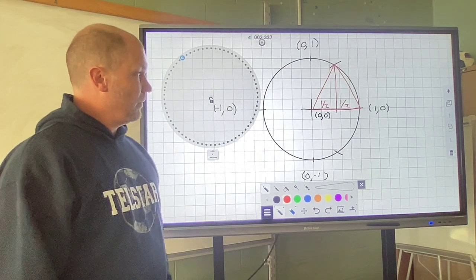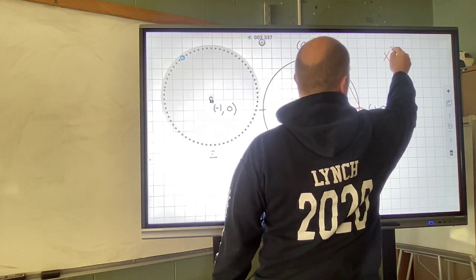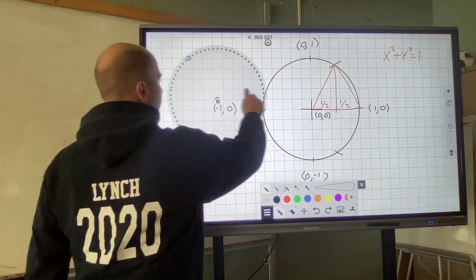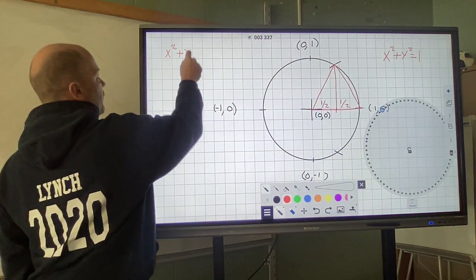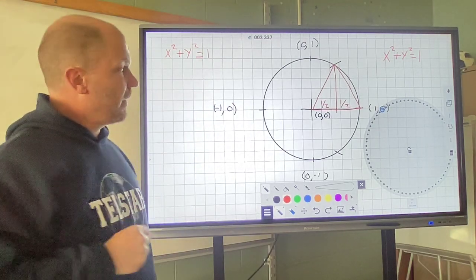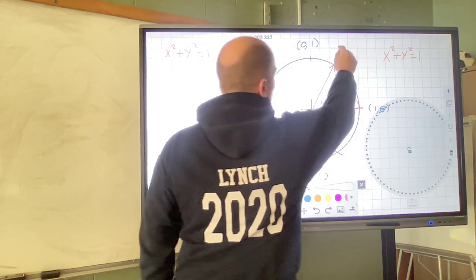And based on that, and the fact that we know the equation of a unit circle, which is x squared plus y squared equals 1, actually, we'll just do that over here. We know the equation of a unit circle is that, we can now try to find the y coordinate of this point.